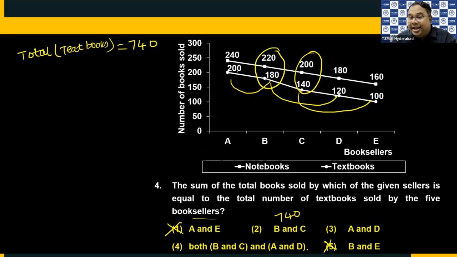Here we have A and D in the combination. If alone A and D is not possible, then B and C is my answer. If A and D is also possible, then the fourth option should be my answer. So the answer has to be second option or fourth option. Fourth option, A and D combination I have to check. A is 440, D will be 300, so 740 for A and D also. So it has to be both B and C and A and D.